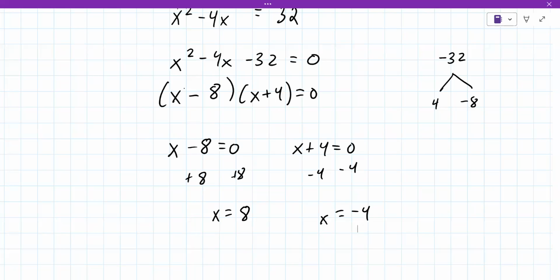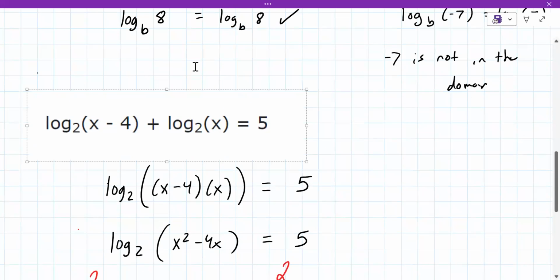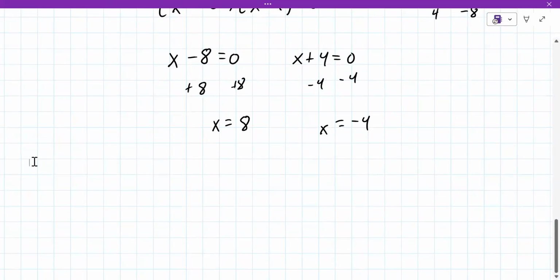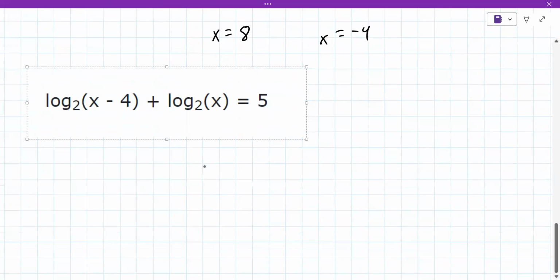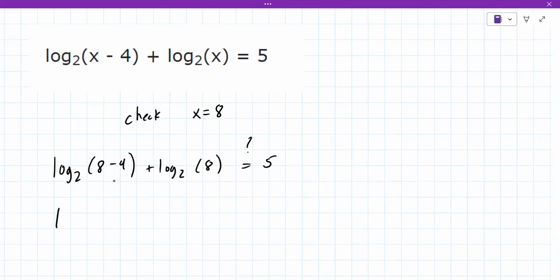All right. And now we have to do the same thing we did in the previous problem. We have to check. You always check back in the beginning. So we're going to check x equals 8. So it's log base 2 of 8 minus 4, plus log base 2 of 8. Does that equal 5? Right, so log base 2 of 4 plus log base 2 of 8.